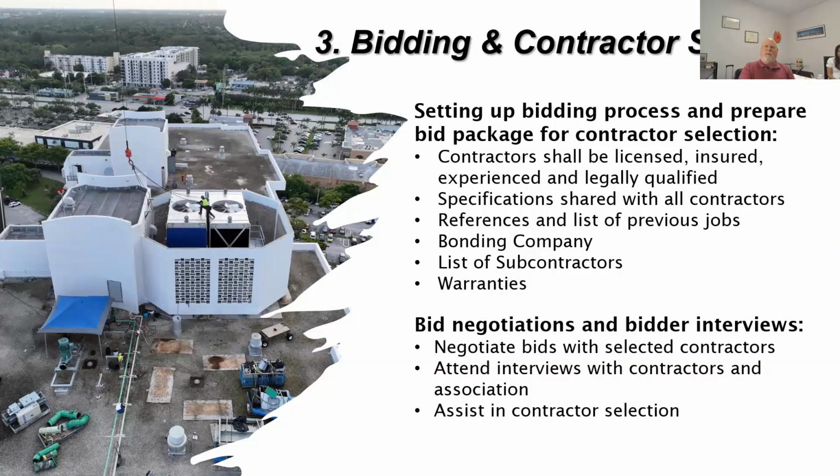So what we recommend is, after you get all of the bids in, that you narrow it down, because there are going to be certain ones that are way out of the budgetary pricing. They're going to be two and three times what everybody else is in the pack. And you're going to have others that, even with all of the pre-qualifications that you do, are simply going to come across in their bid as probably not being the best qualified. So you narrow it down to a handful of them.